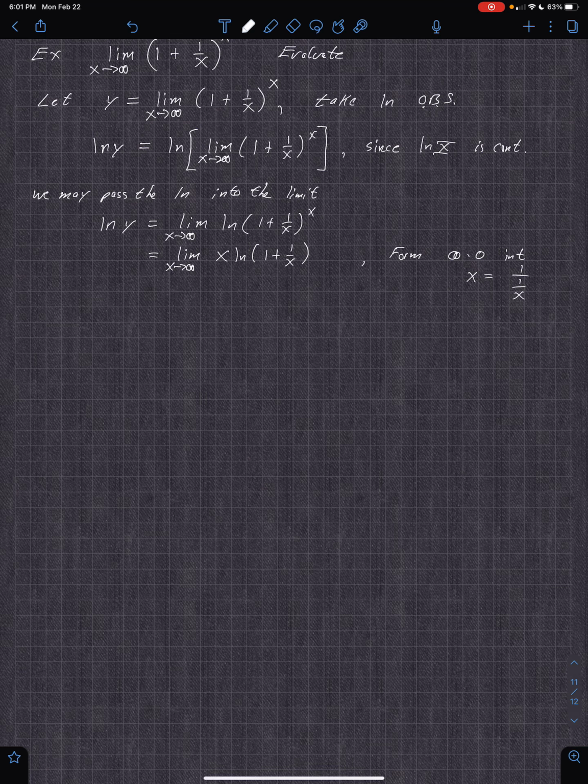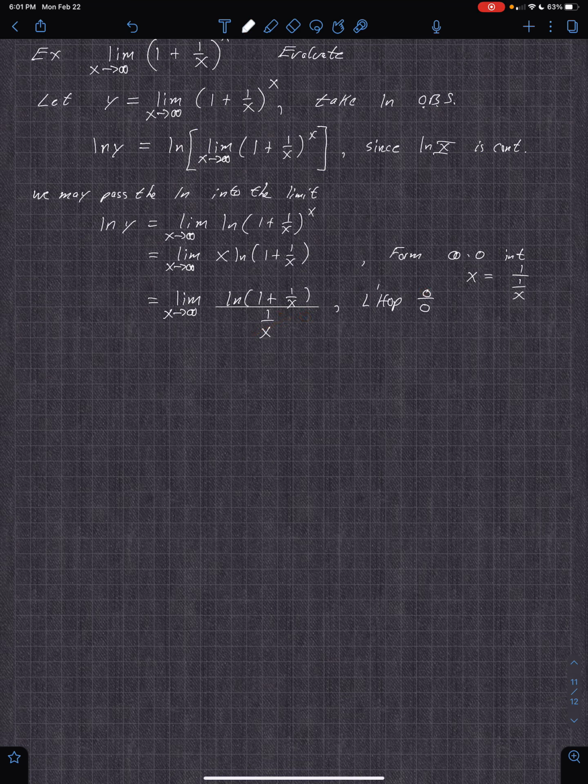And so by doing that, you get the limit as x approaches infinity of the natural log of 1 plus 1 over x all over 1 over x. And now this is a form where we can use L'Hopital's rule because you have 0 over 0. So this is approaching 0. The 1 over x is approaching 0. So natural log of 1 is 0. And then this is approaching 0. So you get 0 over 0.